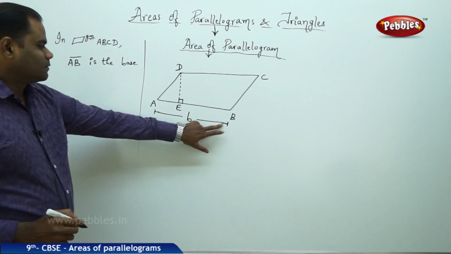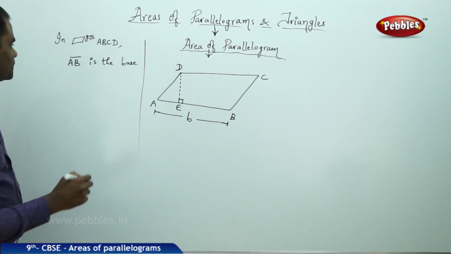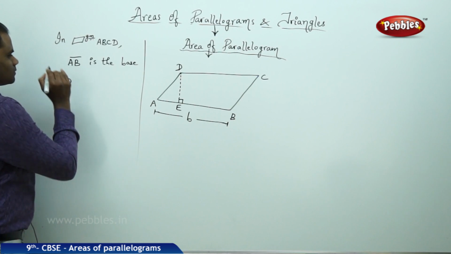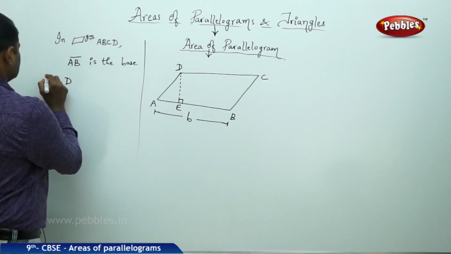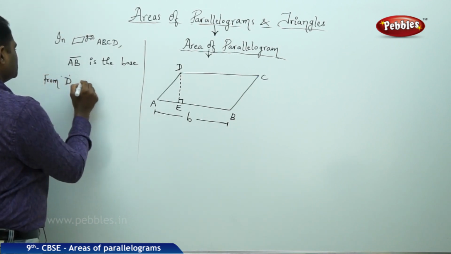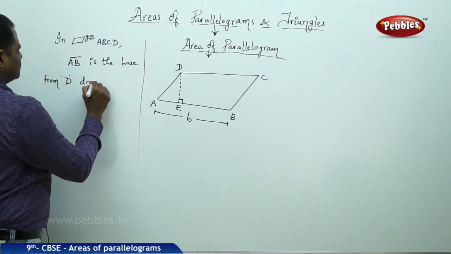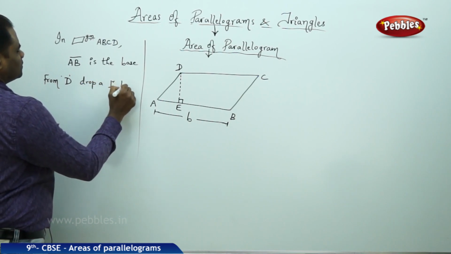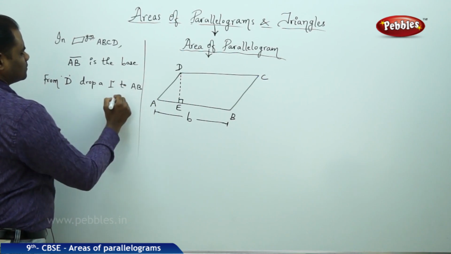Now comes DE. What is DE? So from D, drop a perpendicular to AB.